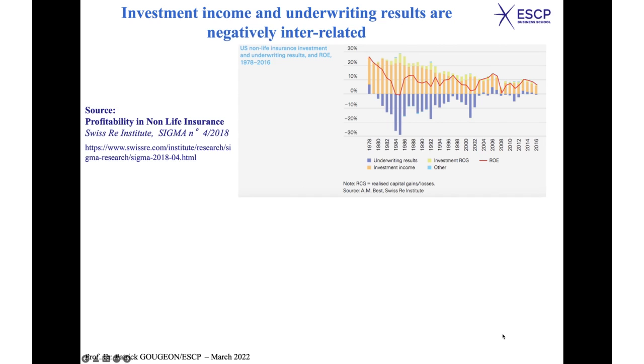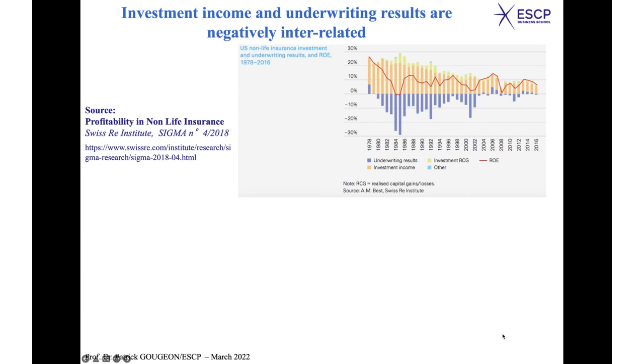it's natural, okay? Because the profit mostly comes from the investment income, which is in yellow here. So you see the investment income is always large enough to generate an income that will compensate for the underwriting losses. And if you look at the return on equity, it is more or less always in the positive domain, just because the financial income is most of the time large enough to compensate for the underwriting losses.